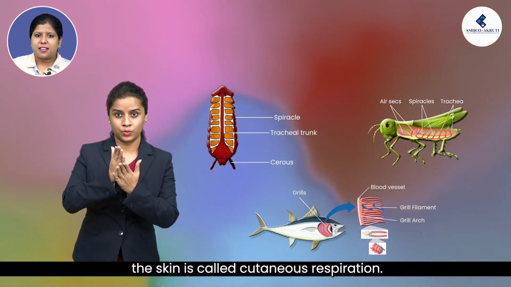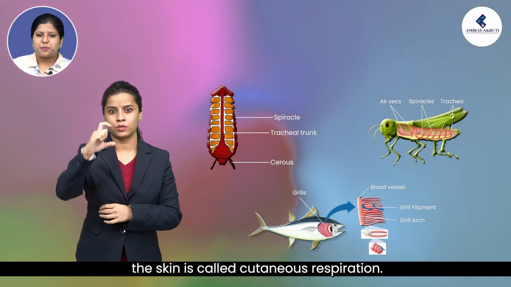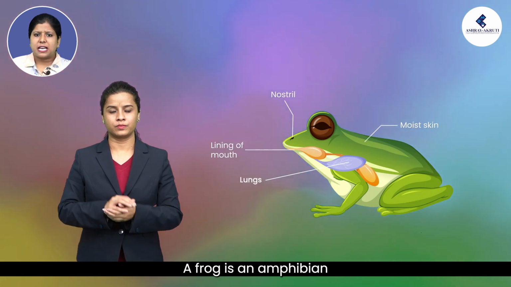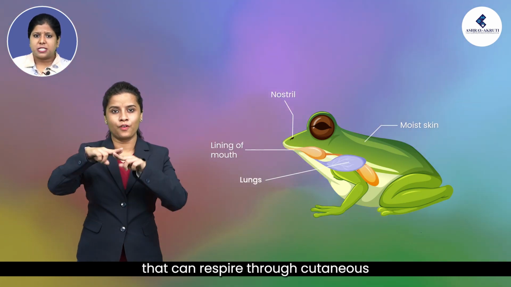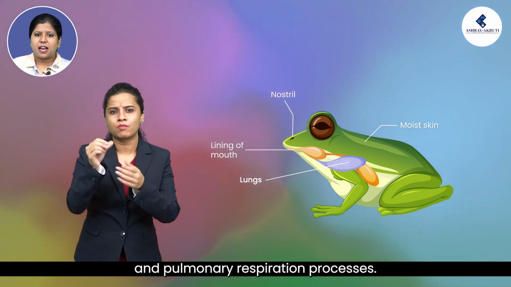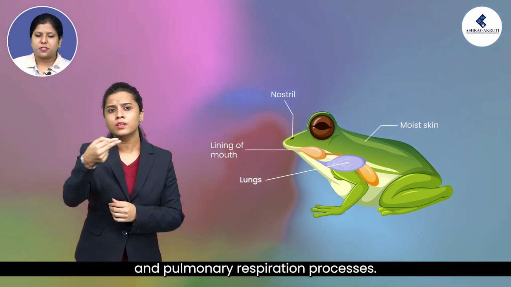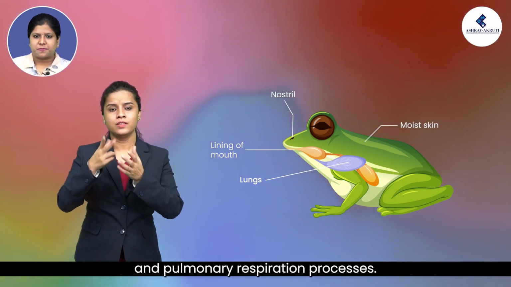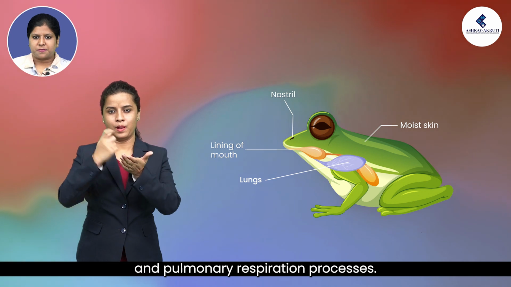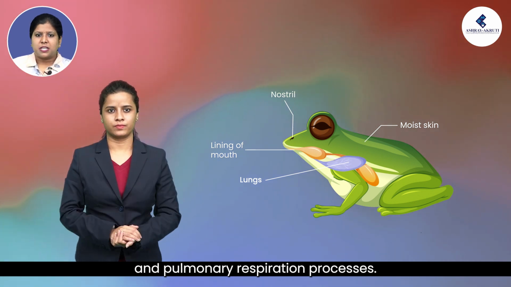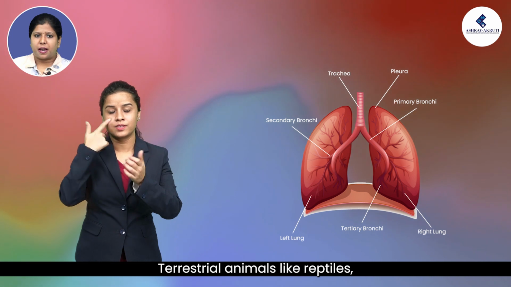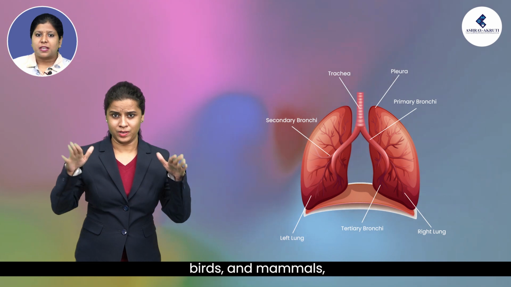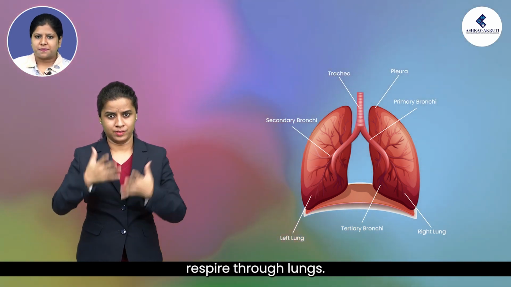Respiration through the skin is called cutaneous respiration. A frog is an amphibian that can respire through cutaneous and pulmonary respiration processes. Terrestrial animals like reptiles, birds, and mammals respire through lungs.